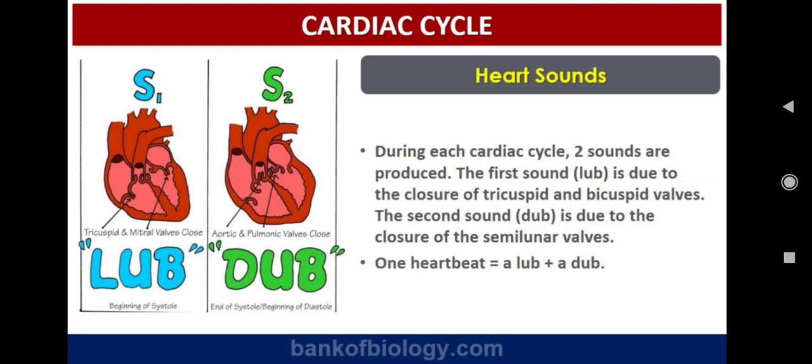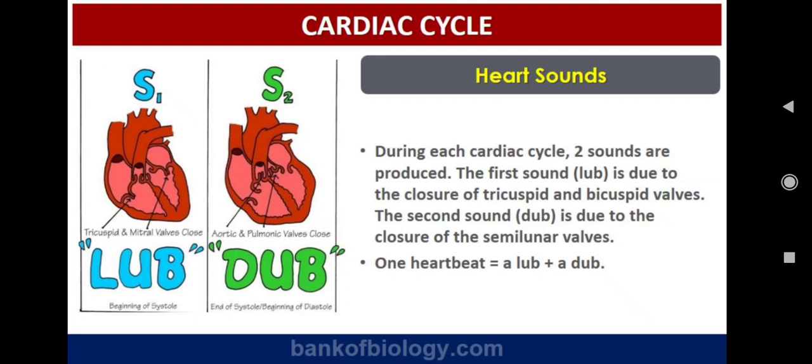The second sound, dub, is due to the closure of the semilunar valves. Semilunar valves are present in both the ventricular regions, isn't it? Yes. So when ventricular systole occurs, that is contraction in both the ventricles, the blood is pumped respectively through the pulmonary artery and aorta.